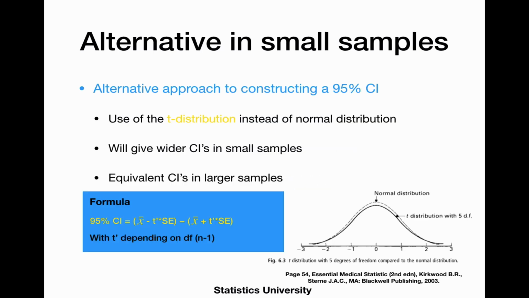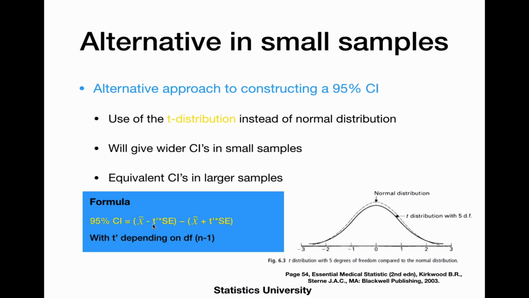So there's an alternative approach where we use the t-distribution instead. And that will give wider confidence intervals in small samples, but equivalent confidence intervals in larger samples. So we can actually always use the t-distribution if we want to. And the formula is quite similar to that of the Z-value approach, but the difference is that we don't have one fixed critical value for the 95% confidence interval.